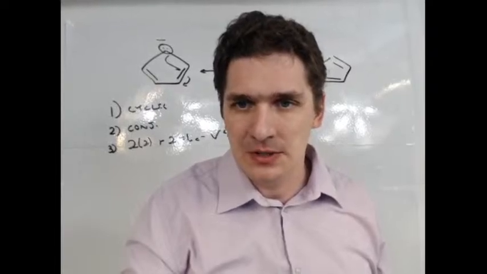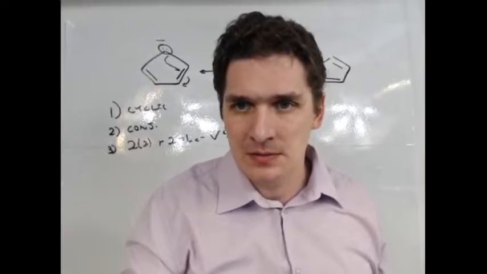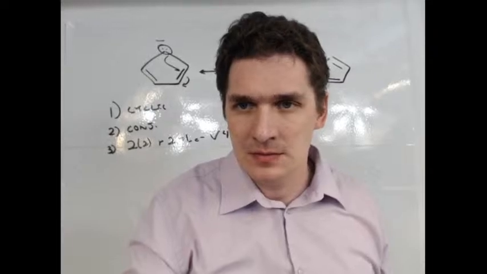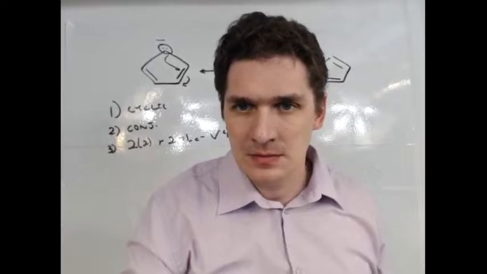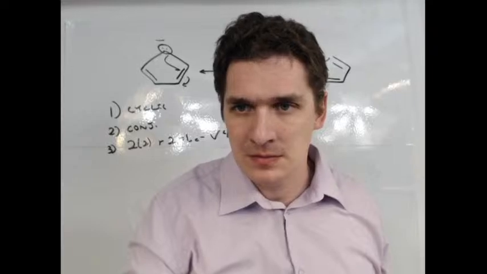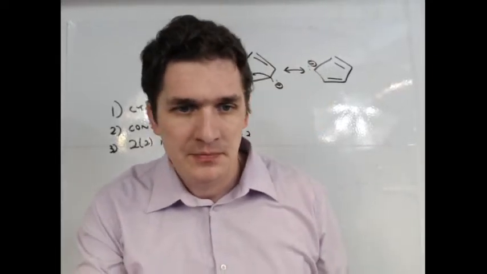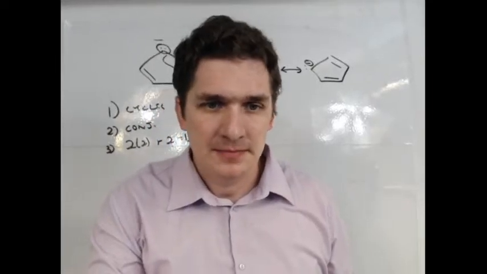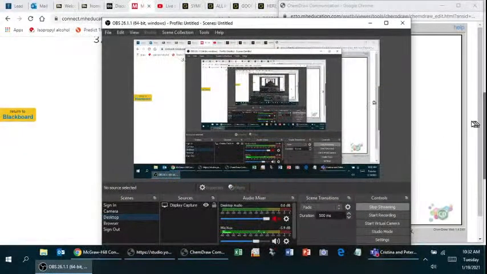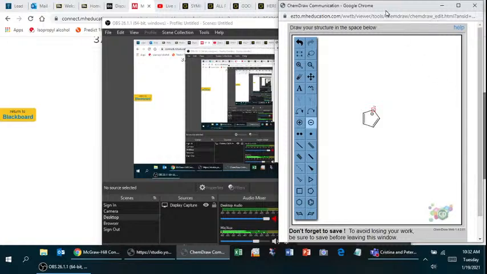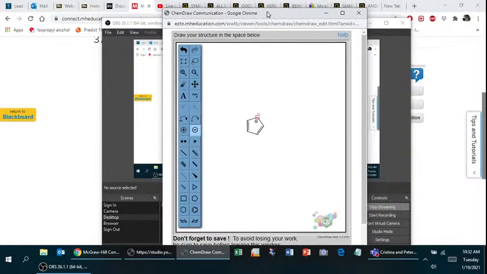So let me draw it really quick. So I'll show you what I've got drawn on my end. And hopefully you can see this. When you draw the cyclopentadiene, you can put lone pairs on carbon just fine.